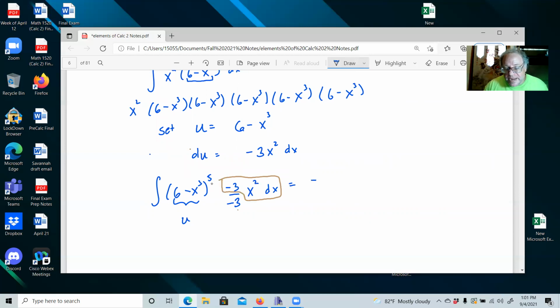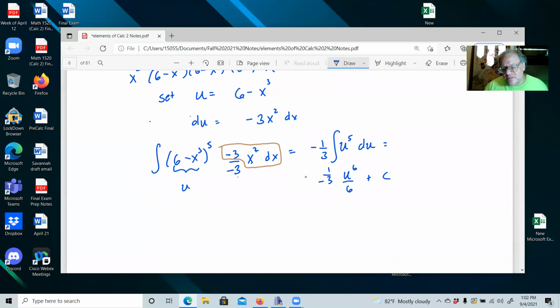So this is going to be negative 1/3 times the integral of u to the 5th, and this negative 3x squared dx was my du. So this is going to be negative 1/3 times u to the 6th over 6, plus C. Now, what is 1/3 times 1/6?